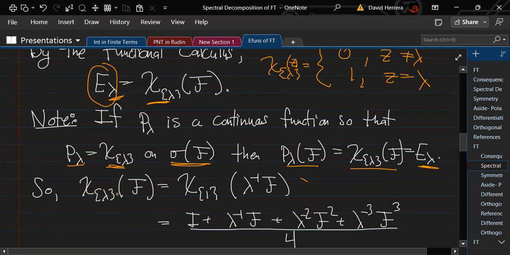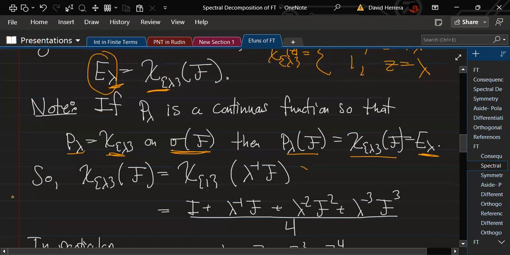Now, it turns out that chi of lambda of z is chi of 1 of lambda inverse of z. Because think about it: if you put lambda in here, the lambdas cancel and it gives you 1. So that checks out.